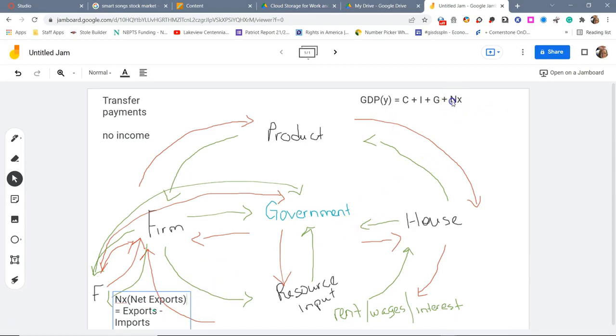So net exports goes up here in our little formula up here. We don't have to have it. If we were a closed country like China was in the 1600s, they didn't have international trade. They didn't need anything. They just needed their consumers, their businesses, and their government. And that's it. You didn't need anybody.